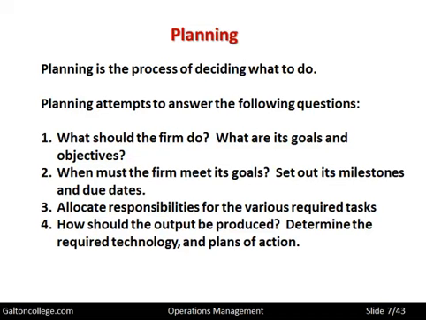How should the output be produced? Look at the technology that's required and the plans of action that are needed in order to get production moving. How should the items be booked from the stores? If it's raw materials that are going to be processed, how should they be booked out of the stores? How should they be transported to the machine? How should the machine be set?